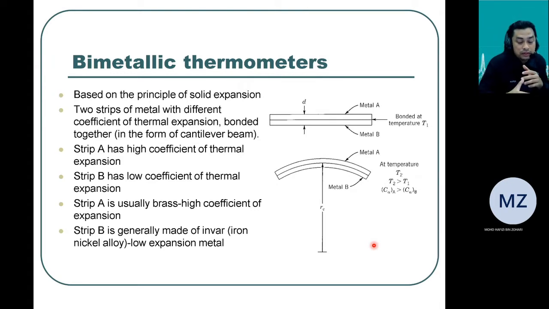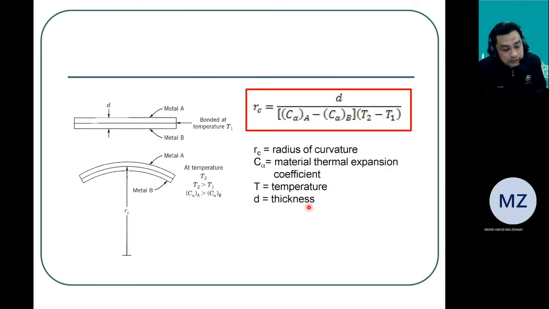The equation to predict the curvature of the bending, we need to look at this equation. If we have D, the total thickness of those two metals, at the early temperature T1 it has a straight line. At T2, it will have a curvature.